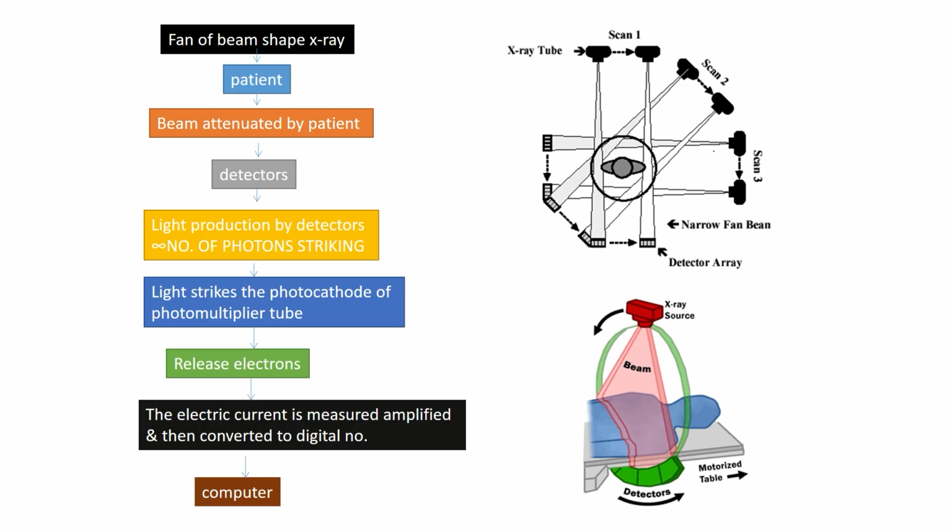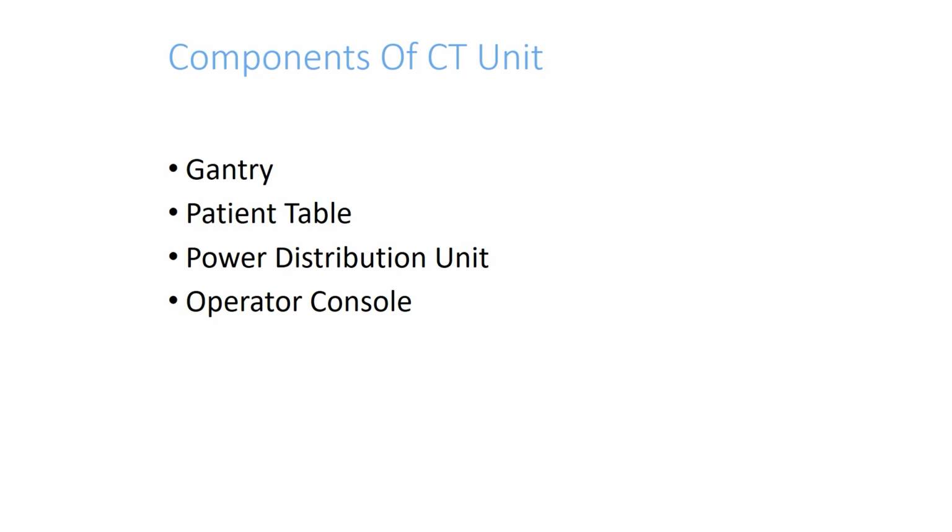This attenuated X-ray is detected by the detectors present in the CT machine, which produce light. The light photons strike the photocathode, which releases electrons. These electrons reach an electric circuit and are converted into digital numbers by the computer to form an image. This is how the CT scan works.